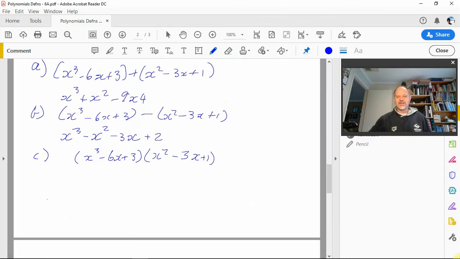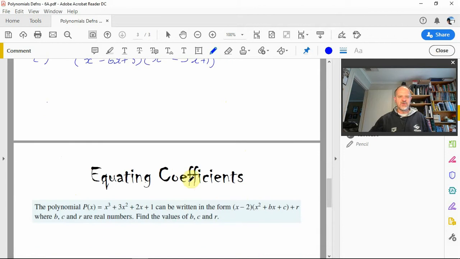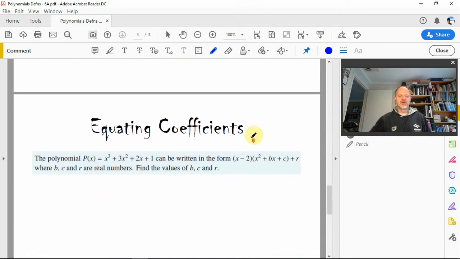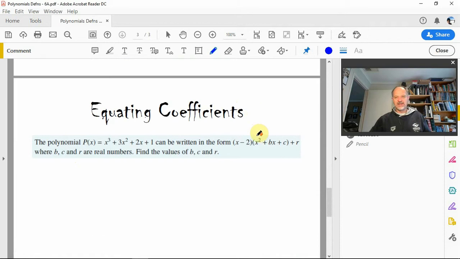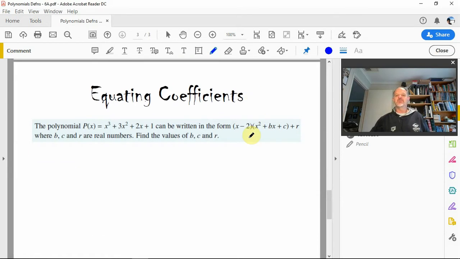All right, now the next bit on this is what we call equating coefficients. The best way to say that is if two polynomials are equal, then their coefficients must be the same.